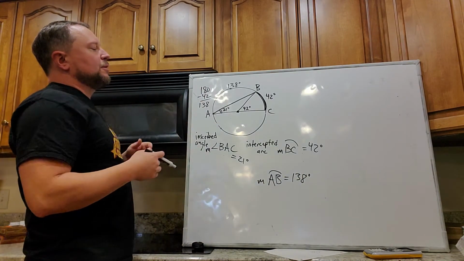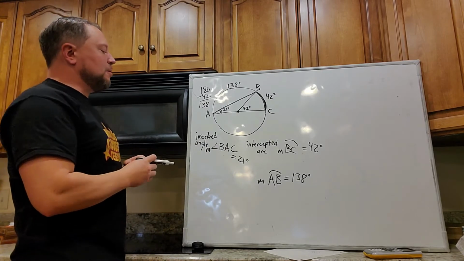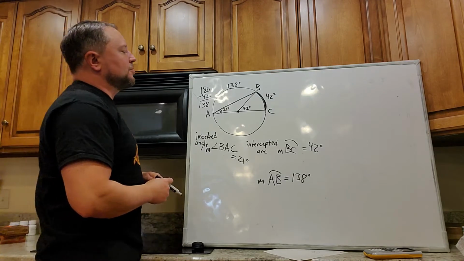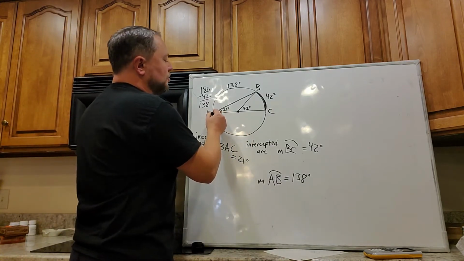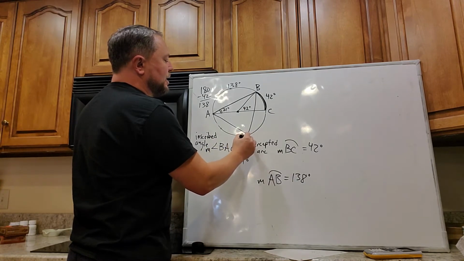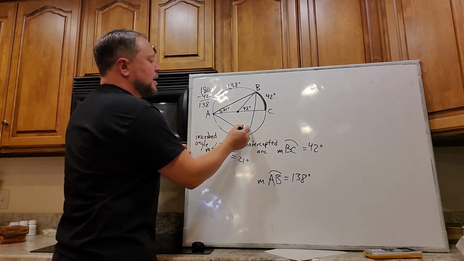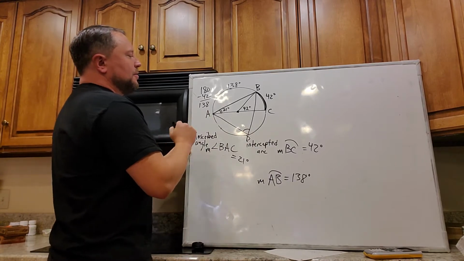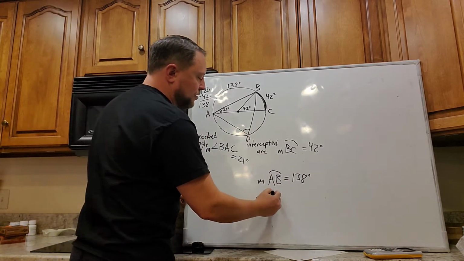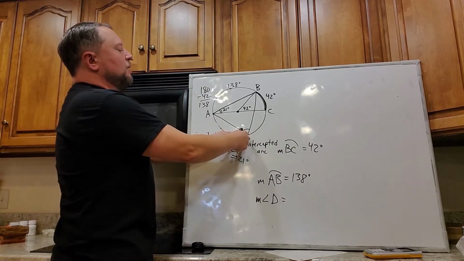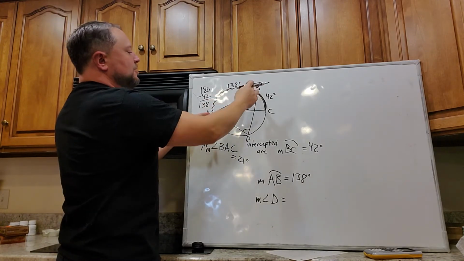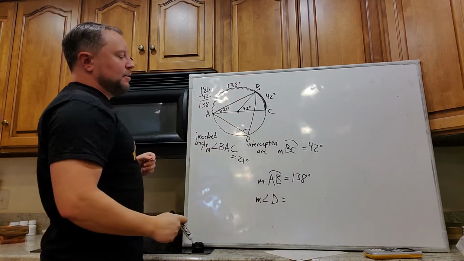And then, of course, in this section, they would probably relate that back to some kind of inscribed angle. So what if in this picture I drew something like this, and we created a new point down here, D? You see this angle down here at D? You should be able to find the measure of that angle D. If you follow it up here, do you see that it hits that arc I just had you find, that 138?